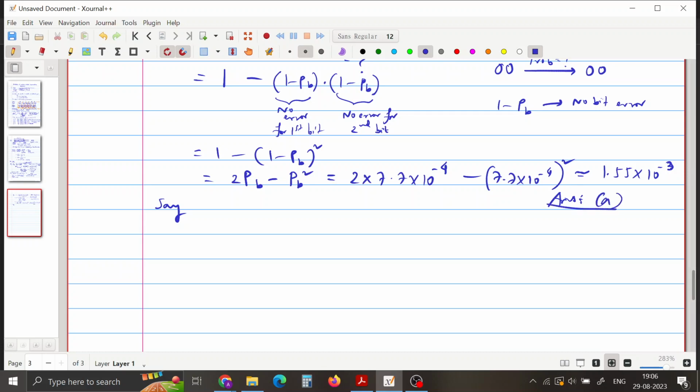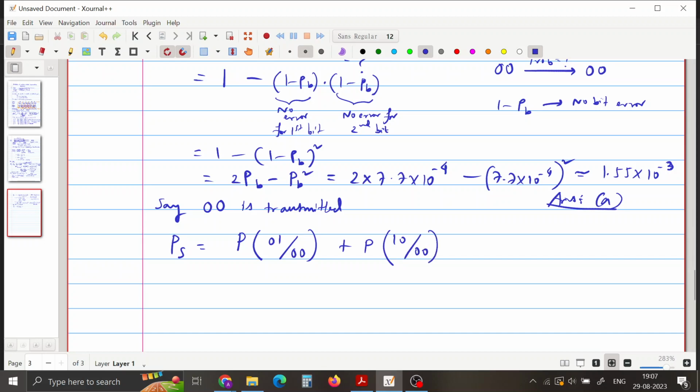Option A. And what does it mean when you have a symbol error? Say your 00 symbol is transmitted. Then what's the symbol error rate? The error cases would be you transmit 00 but you actually receive something else, which are 0 1, 1 0 or 1 1, the remaining 3 cases.